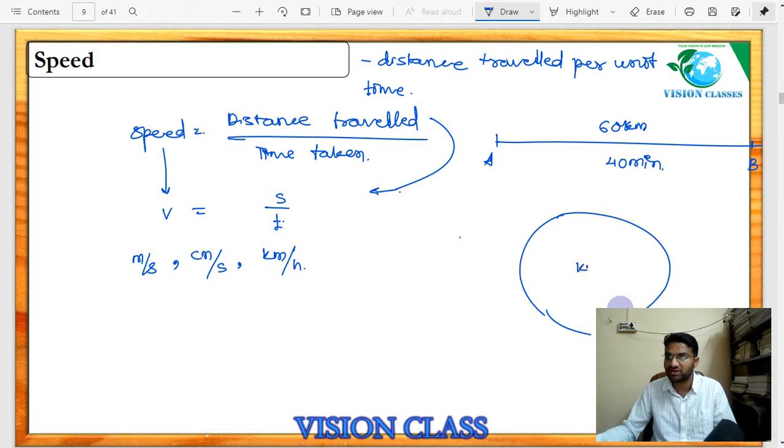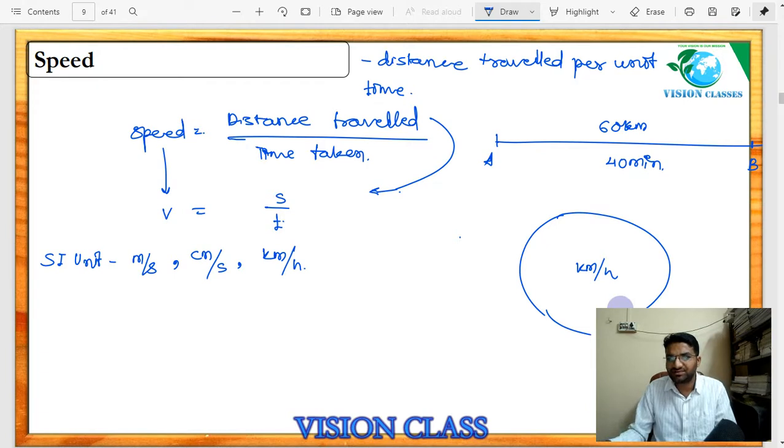The speedometer shows the kilometers per hour at which the vehicle is moving. So the units are meter per second, centimeter per second, kilometer per hour.